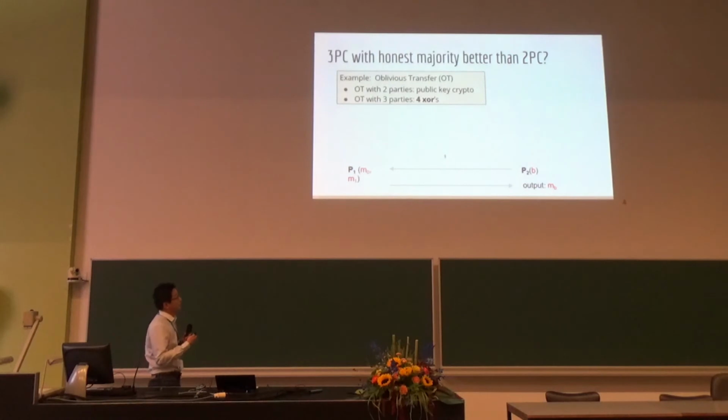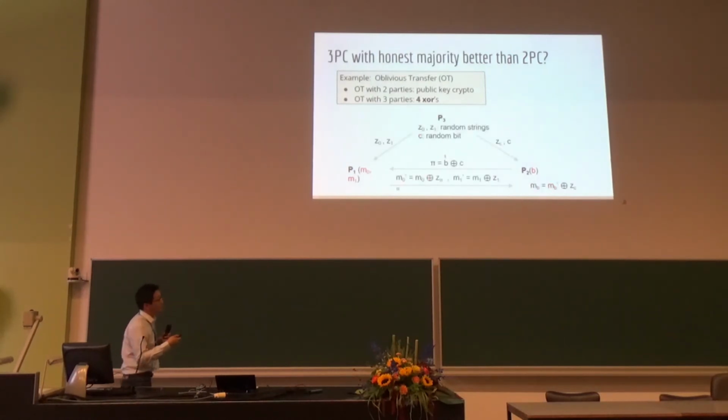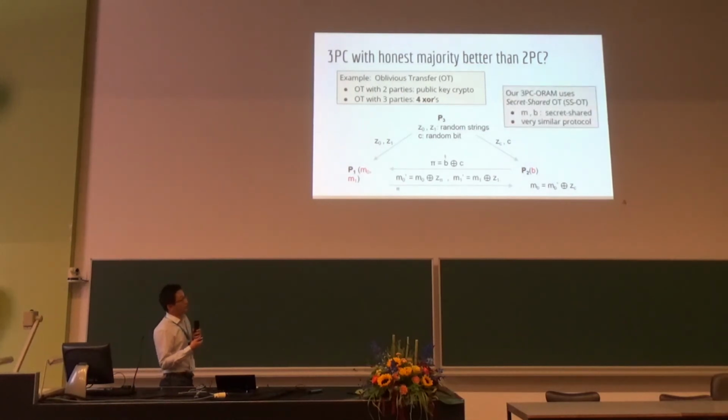However, if we do it with 3PC, with this additional party, then all we need to do are 4 XOR computations, which is a lot more efficient. In fact, for our 3PC ORAM scheme, we will use this trick, a 3-party secret shared oblivious transfer variant, to reduce some of our secure computation protocol cost.